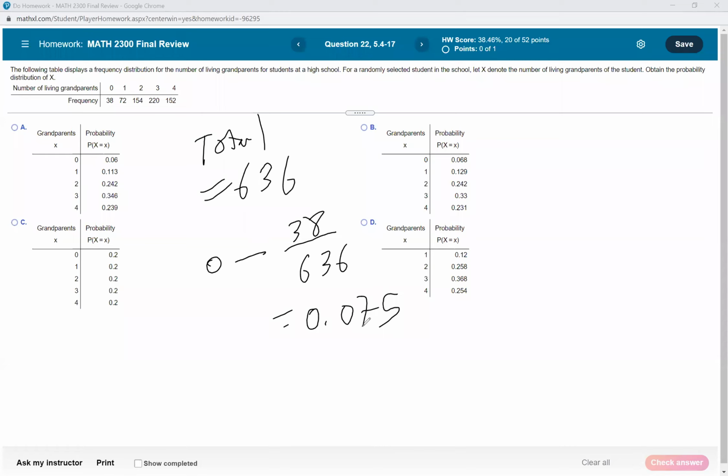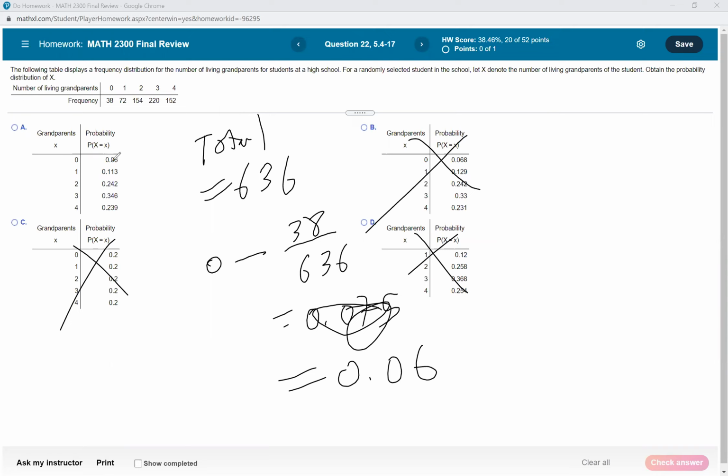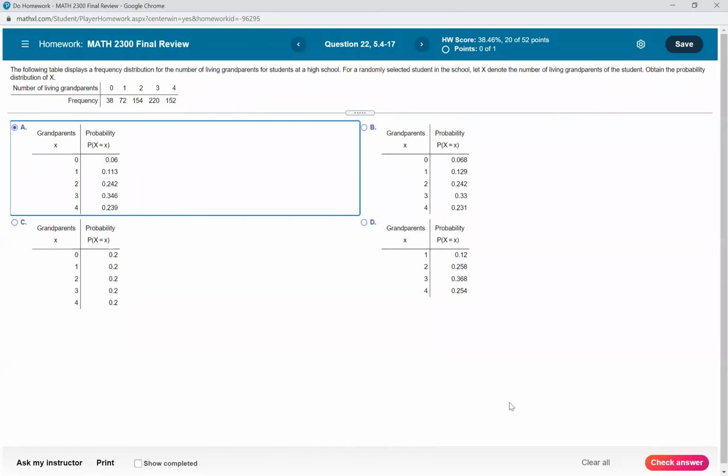Oh, I did 48 over before, so it should be 38 over 636, which is 0.06. So the other options are not correct, and the correct answer is the first one.